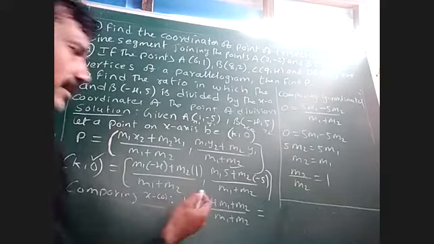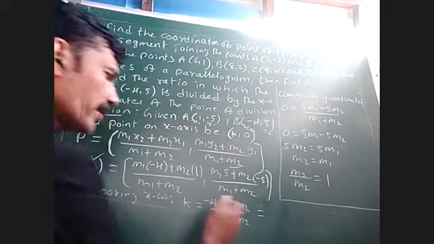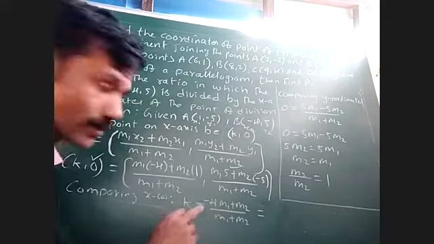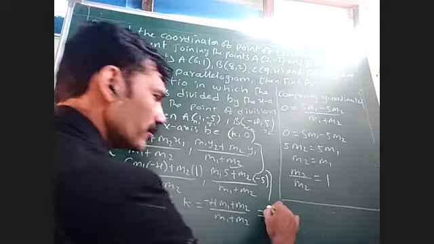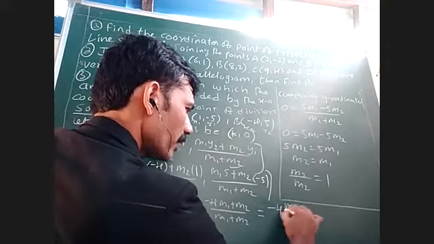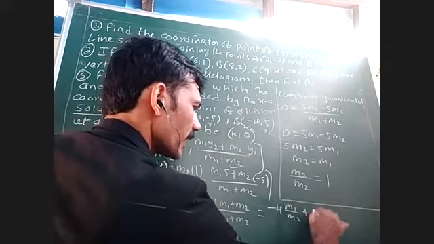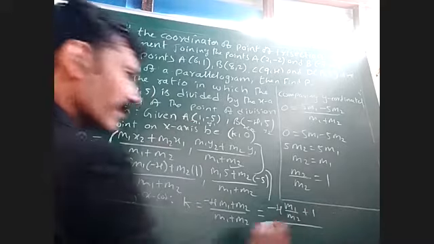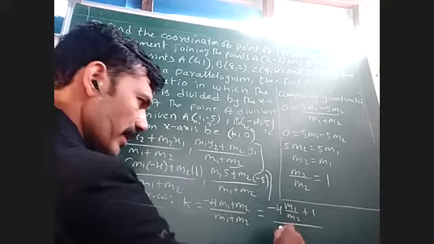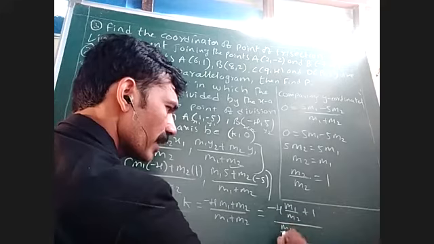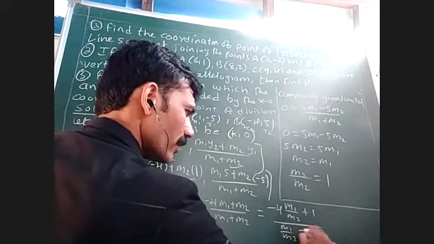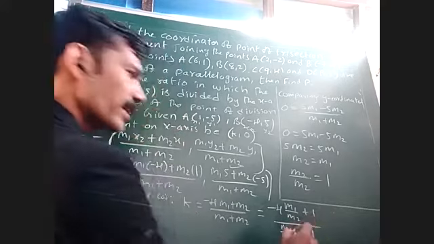We know m1 by m2, so divide both numerator and denominator by m2. Each and every term we are dividing. m2 divided by m2 is 1.